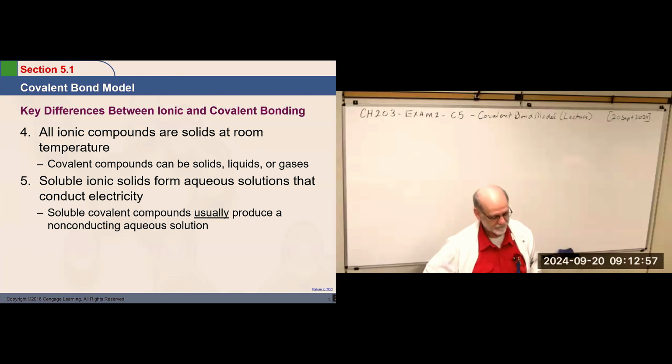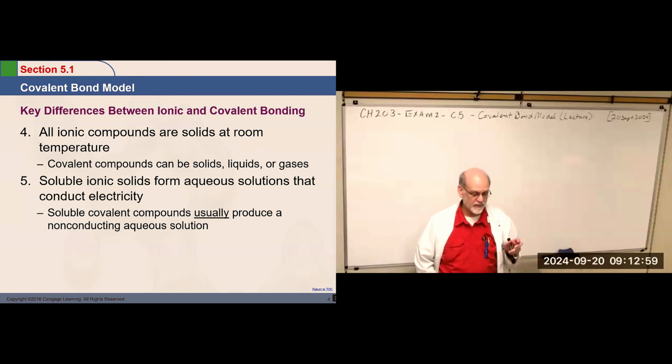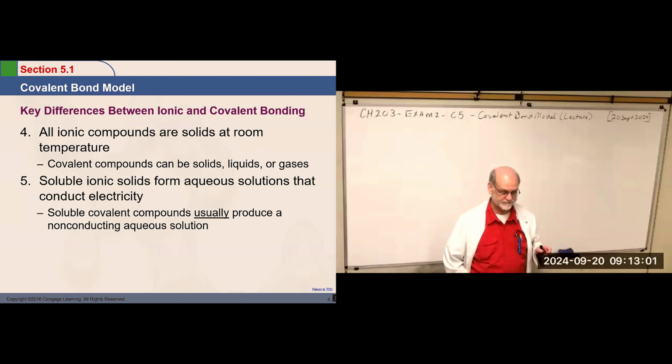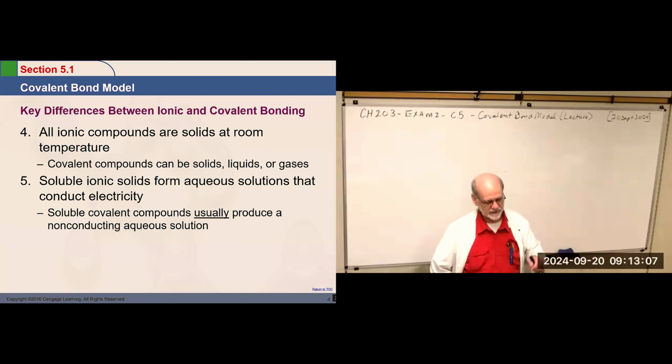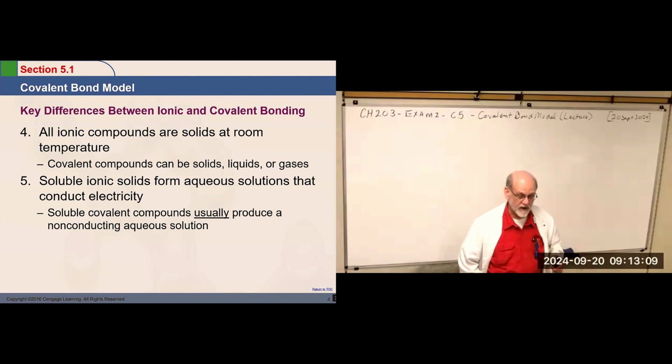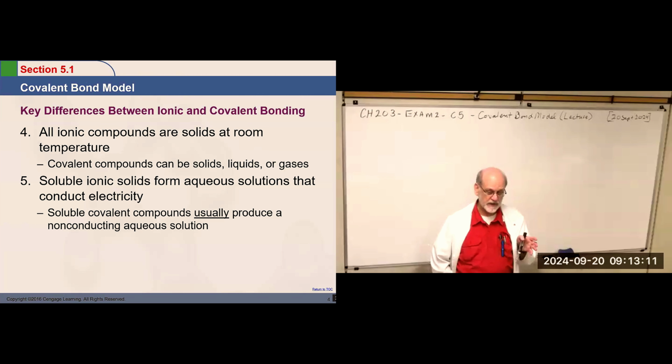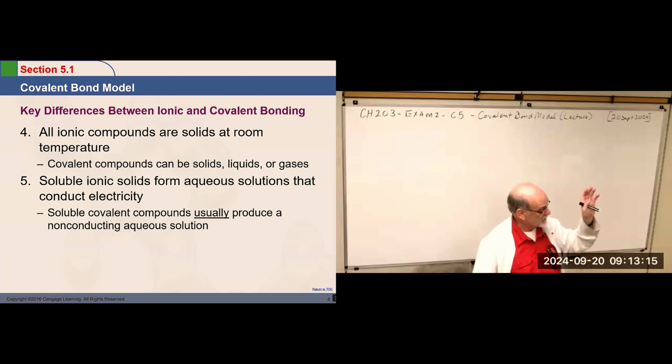All right. All ionic compounds are solids at room temperature. Sodium chloride's a solid. Well, sky's the limit. Covalent compounds can either be solid, liquid, or gas. Just like all but one of the metals is solid at room temperature, except for mercury.